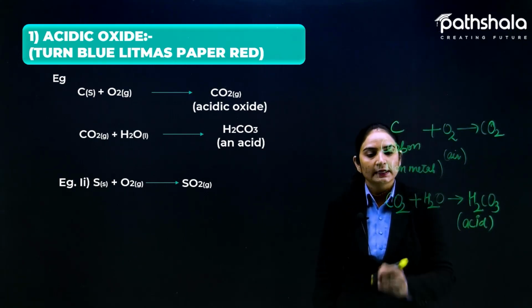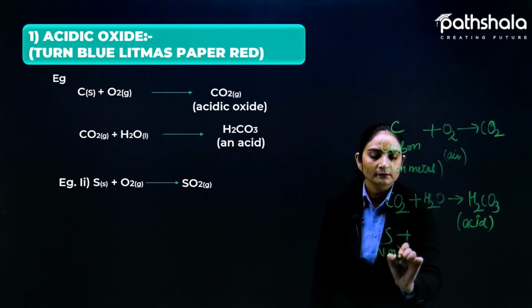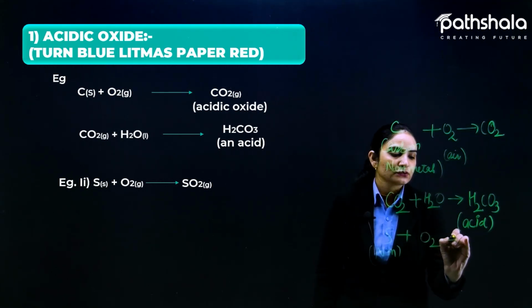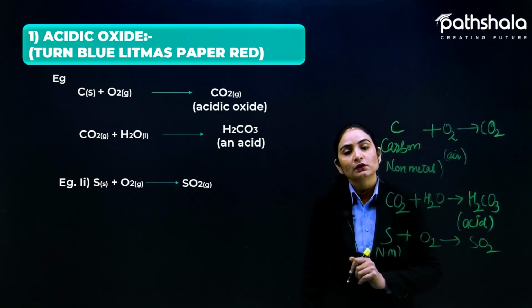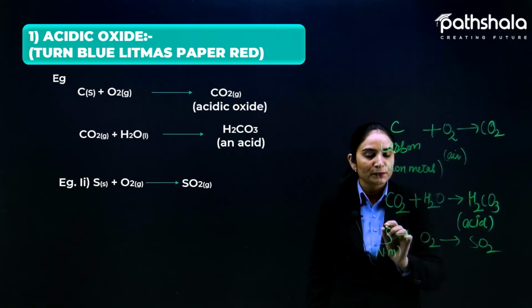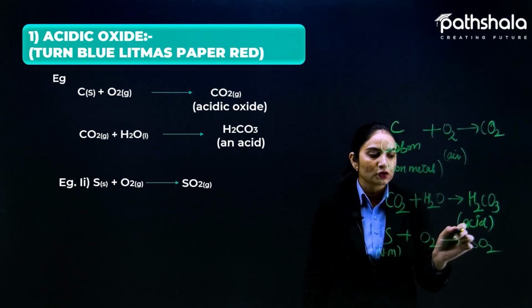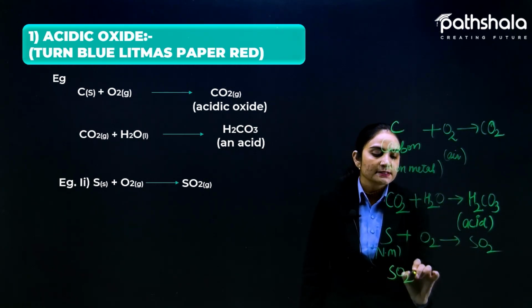Acidic in nature. Again is the case of sulfur. Sulfur is again a non-metal. It reacts with O2 and produces SO2. And this is the case I told you about, the exhaust of vehicles produces sulfur dioxide. Sulfur reacts with oxygen to produce sulfur dioxide, and this sulfur dioxide mixes with water.